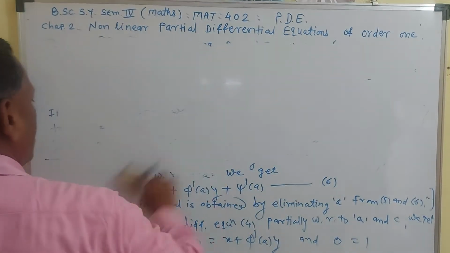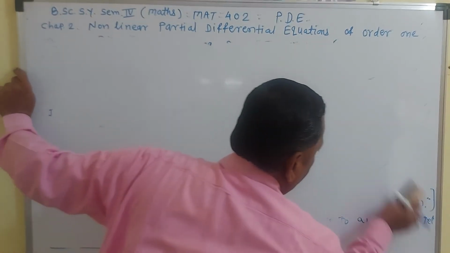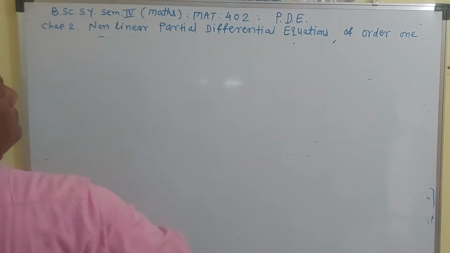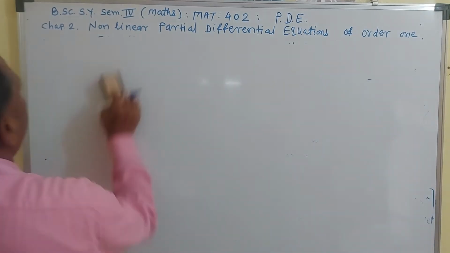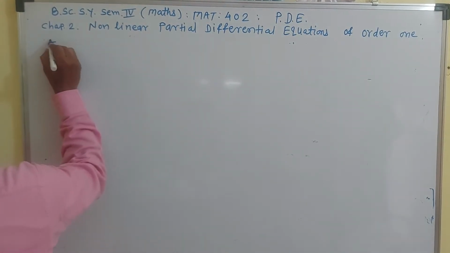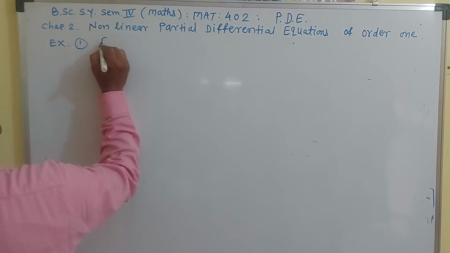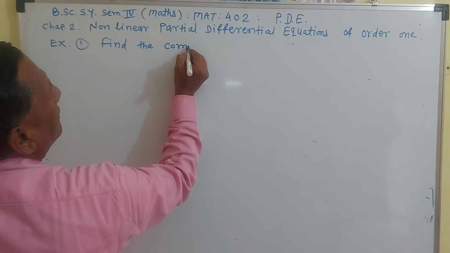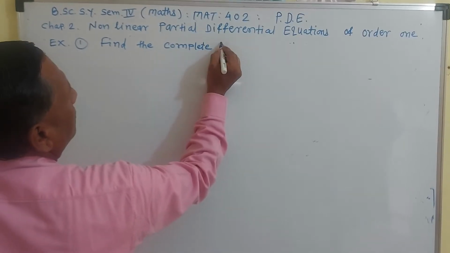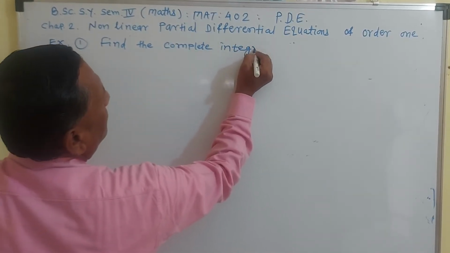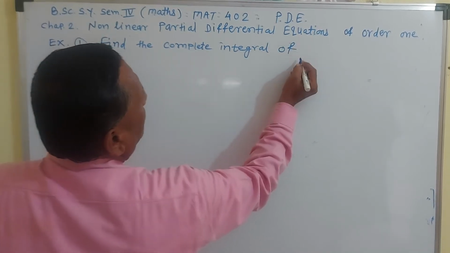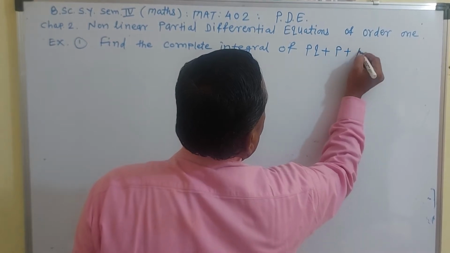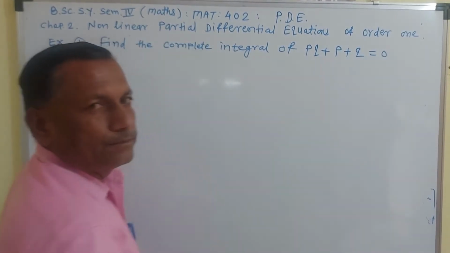First example. Find the complete integral of pq plus p plus q is equal to 0.